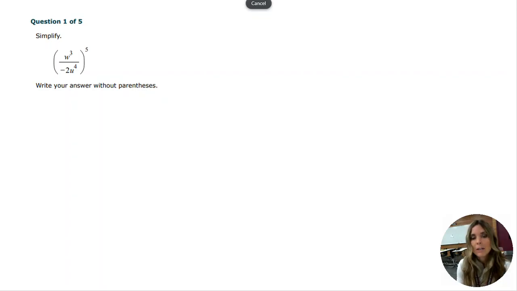Okay, so for the first one, what I want you to notice is that inside our parentheses, we have a quotient. And that means we have two things being divided by each other, right? We have a w to the third, okay? And it is being divided by a product of -2 times u to the fourth.